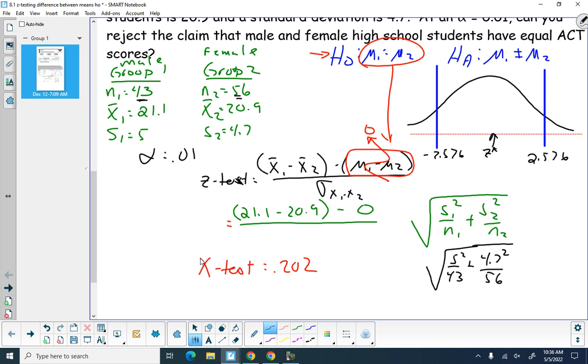This is our test value. Once again, we still have non-critical and critical.